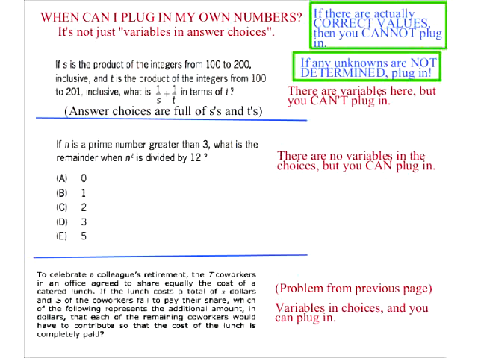So in this problem, even though there are S's and T's all over the place, they're not variables, because S is a hard number. It's a very large number, which is why they gave it a letter name, because it's so big. It's the product of the integers from 100 to 200. And then so is T. So that's what's going on there. There's no unknowns. These have correct values.